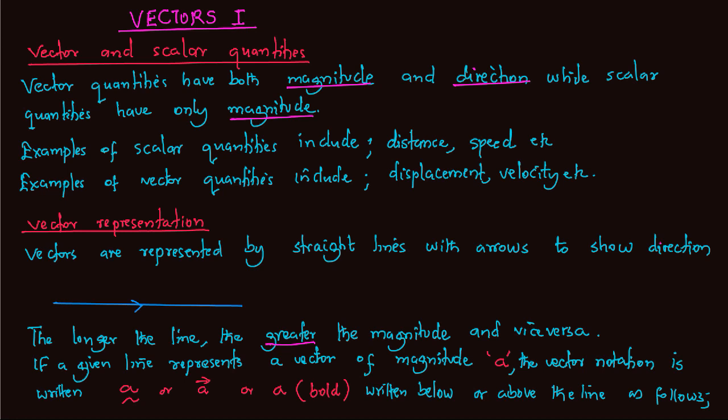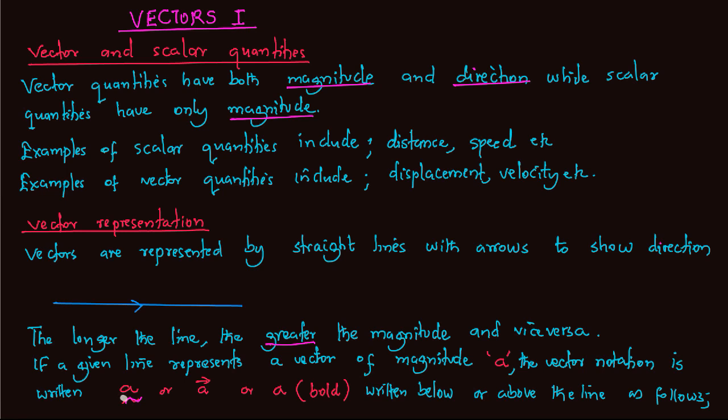Now, if a given line represents a vector of magnitude small a, the vector notation is written a with a vector symbol.